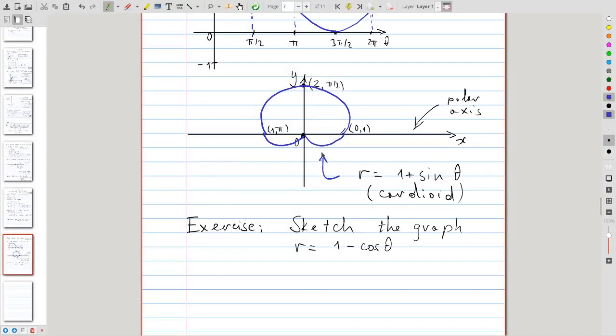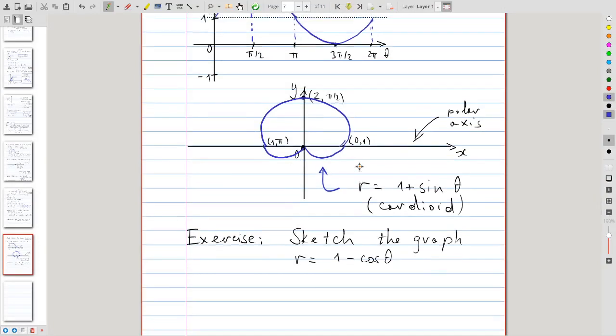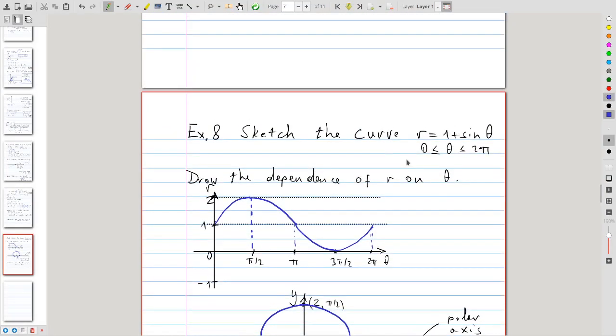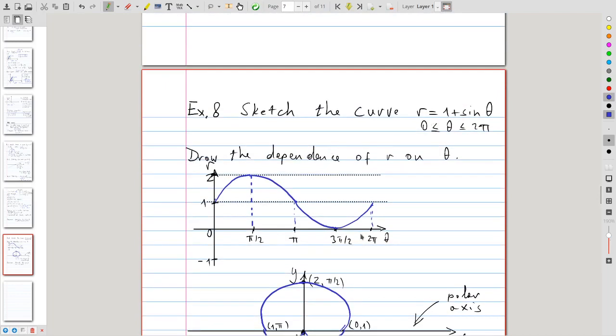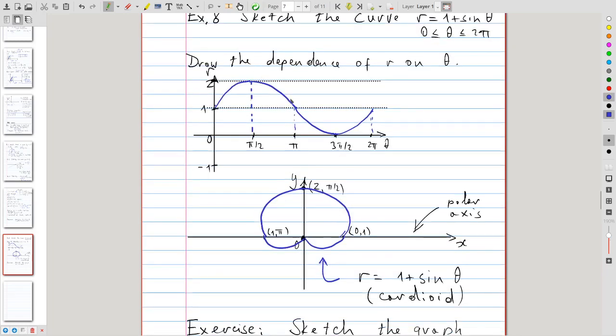You can deal with sketching pretty much any polar curve in the same way. First you will want to sketch the curve in the r theta plane, just to visualize the dependence of r on theta, see where r is increasing, where it is decreasing, and so on. Then using this information, you'll be able to graph the intercepts in the polar plane.